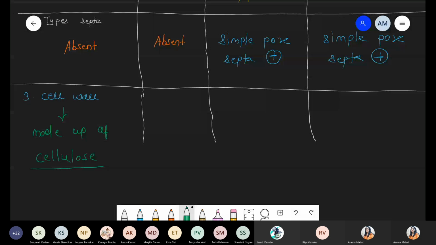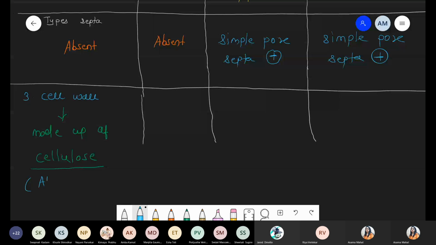And because of this property, the cell wall is not made up of chitin material, it is made up of cellulose. That's why oomycetes are also called the algal fungi.